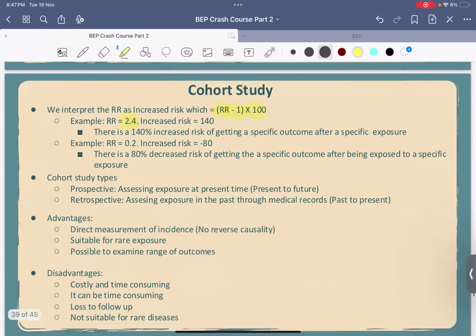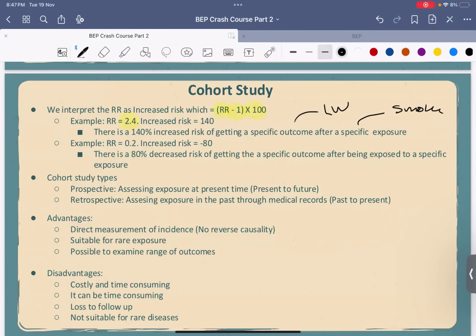The increased risk is 2.4 minus 1, which is 1.4, times 100, which is 140. So we read it as there's a 140% increased risk of getting a specific outcome after a specific exposure. In our example, the specific outcome is low birth weight, and the specific exposure is smoking.